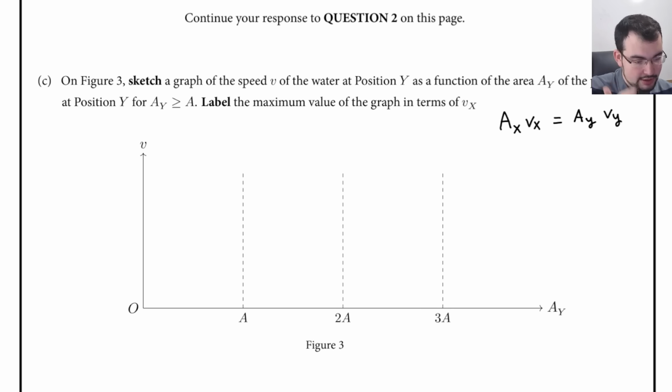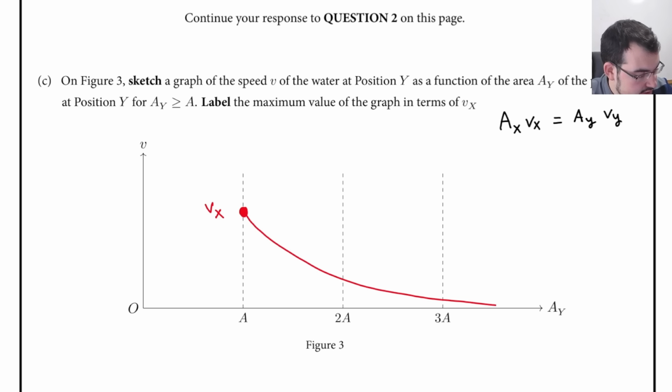And then we also know that if my area of y is equal to my area at x, well, that must mean my velocity at y is equal to my velocity at x. So we also know that at A, this value is actually vx. So we get this curve.